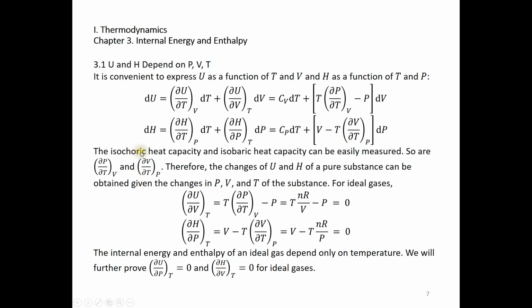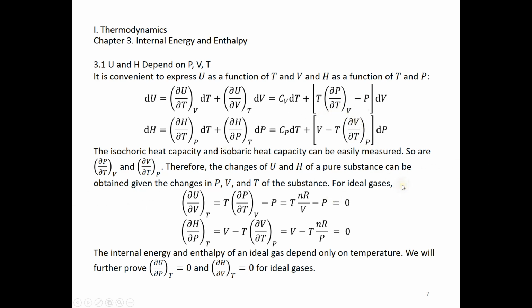The isochoric heat capacity and isobaric heat capacity can be easily measured. So these two can be measured. So are these two partial derivatives. For this one, you can just hold the volume constant and measure the change of temperature and the change of pressure. Over here, you hold pressure constant and then measure the change of temperature and the change of volume. So we get everything then.